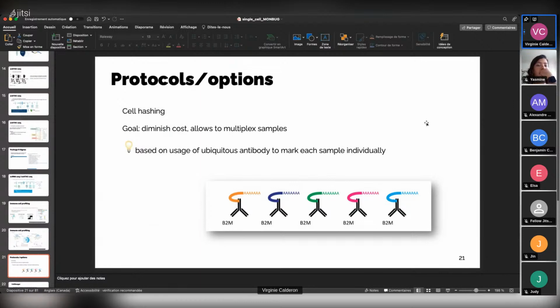You will have to add this information to the pipeline to be able to distinguish each cell, each condition. So you will know this cell comes from this experiment because the marker at the surface that was used was this one. That's something you need to know as a bioinformatician if they are doing multiplexing. This is really useful. You are going to diminish the cost of this experiment, which is really interesting.